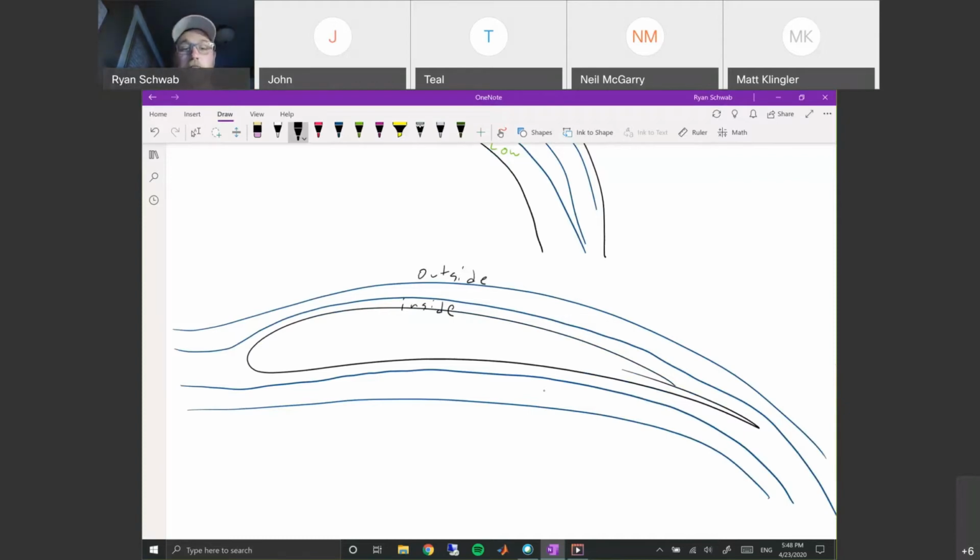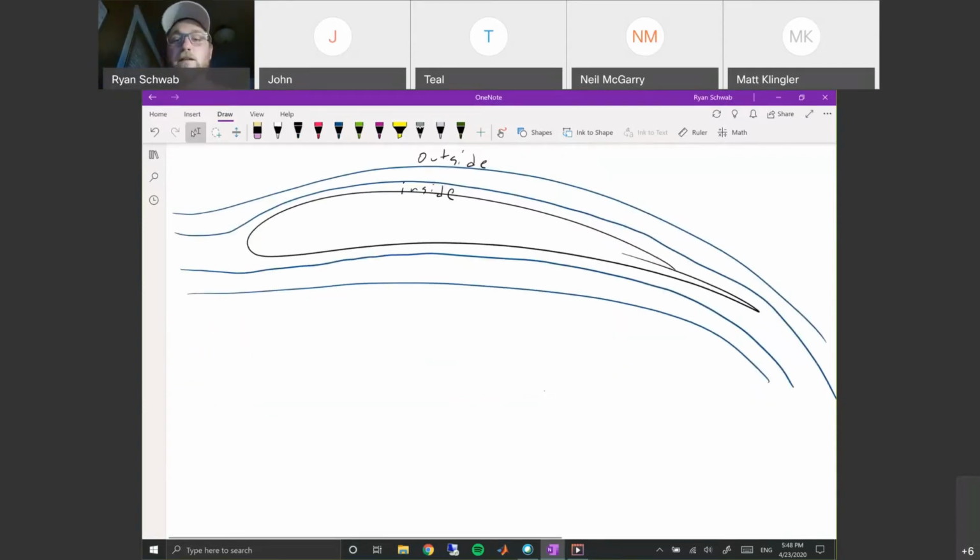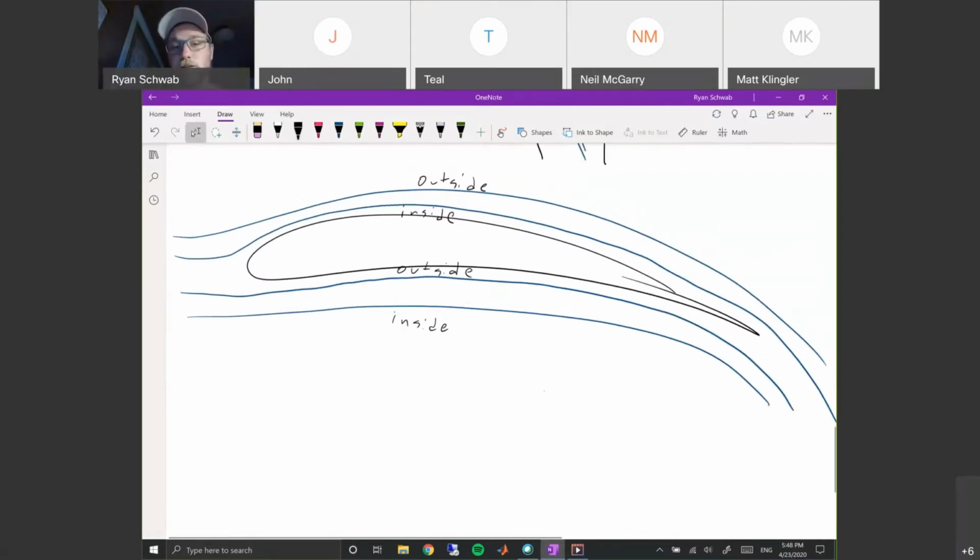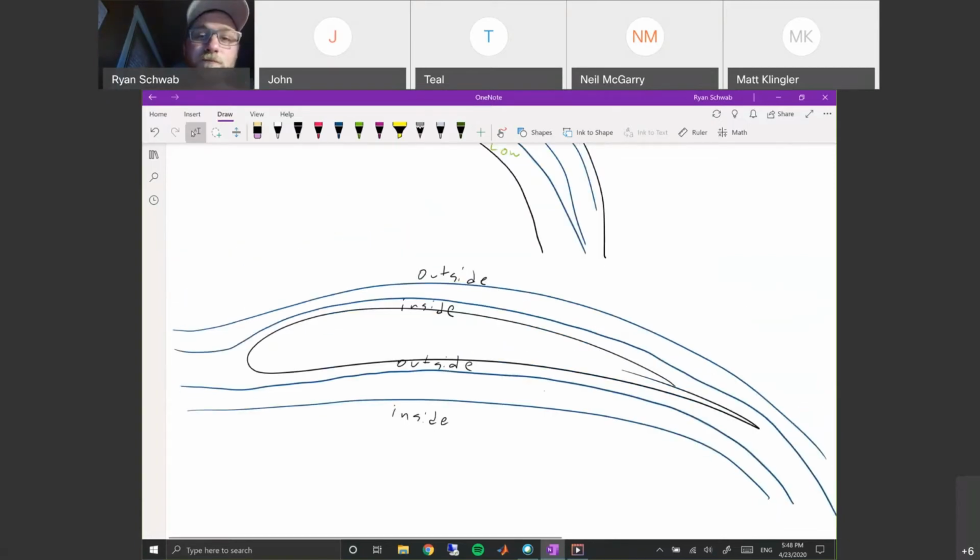On the other hand, if we look at the bottom surface, you can see it especially more toward the trailing edge, but this whole thing is a little bit curved down. And so the inside is actually down here, away from the wing, while the outside of that turn radius is in close to the wing. So again, low pressure is going to be the inside of that turn radius. So what does that mean?